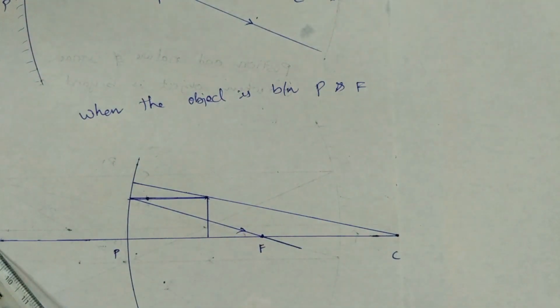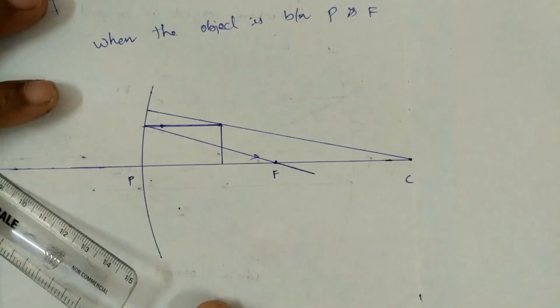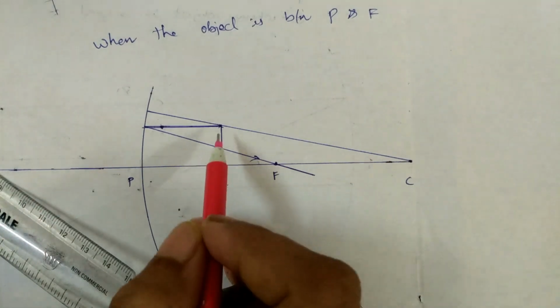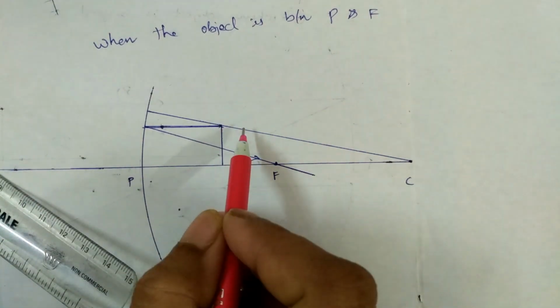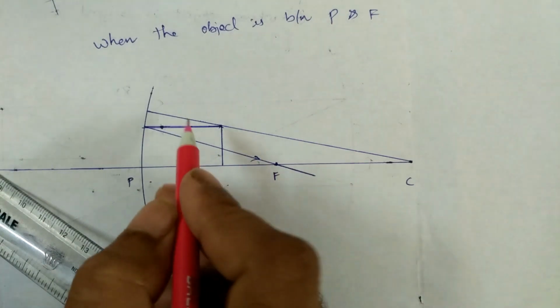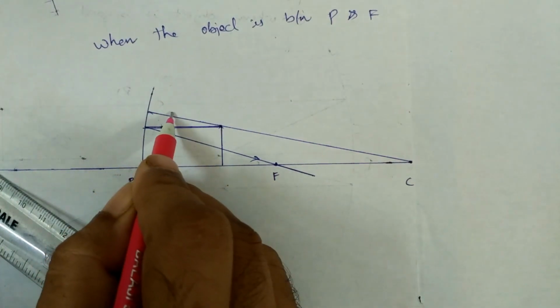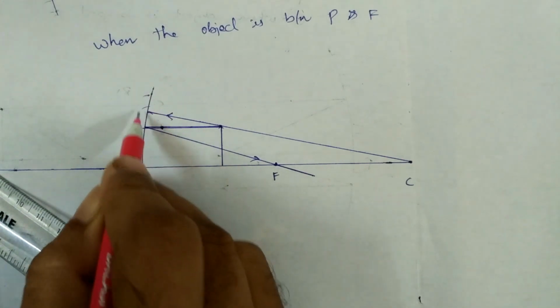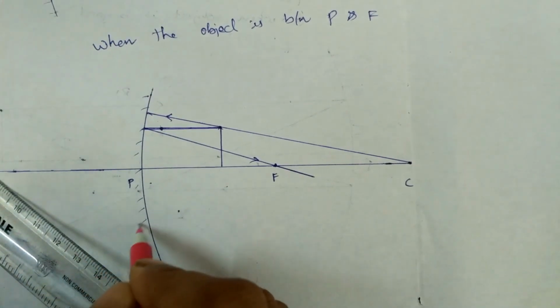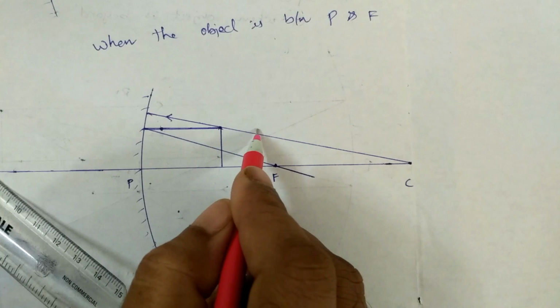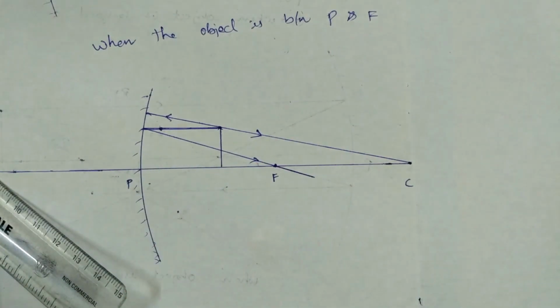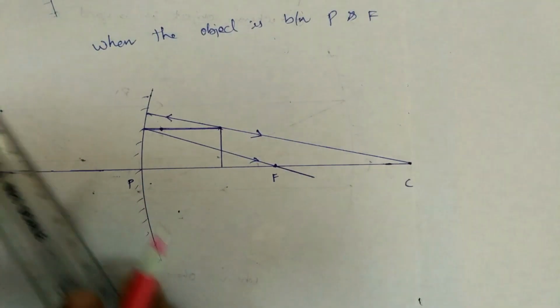So draw this. Why we have drawn this is the incident ray along the normal won't deviate. So that is why the ray going in this direction along the normal, after falling on the mirror, reflects in the opposite direction. So we have to take this ray also.